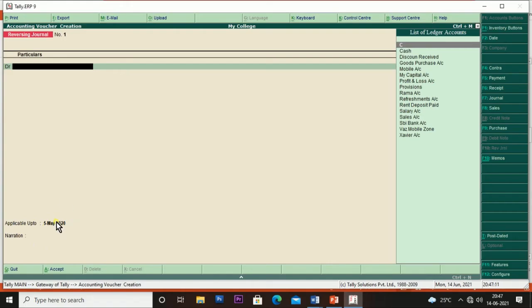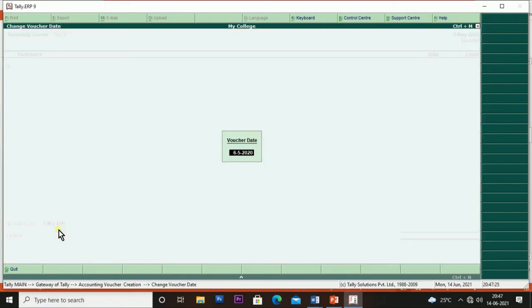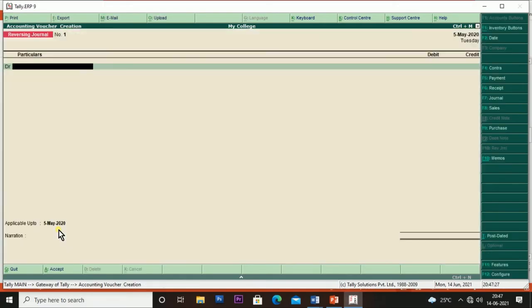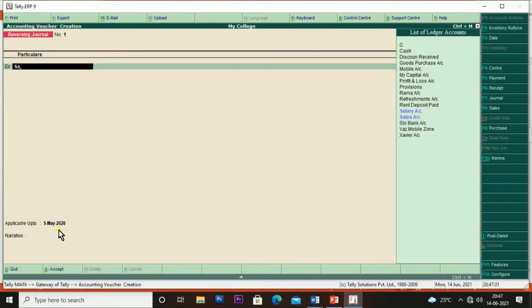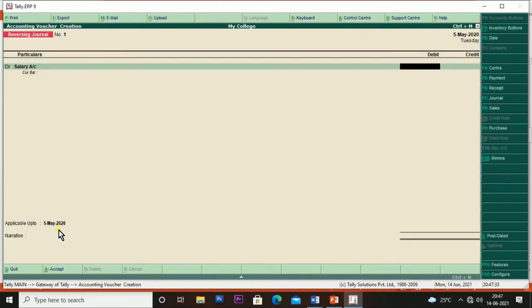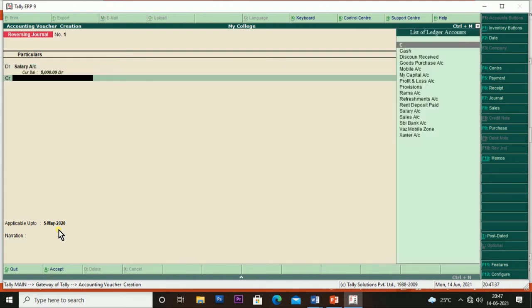As I said, reverse journals are for some specific date, and that specific date we can enter by using this applicable up to. Just we will see one example. Debit to salary account, we will take 5,000 rupees.